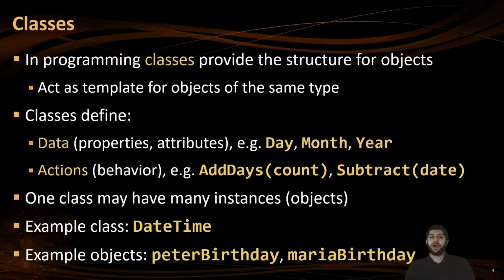And the key takeaway here, before we see the difference between a class and an object, is that classes are the templates and objects are the concrete representations of these templates. And we can have many representations of the same template.